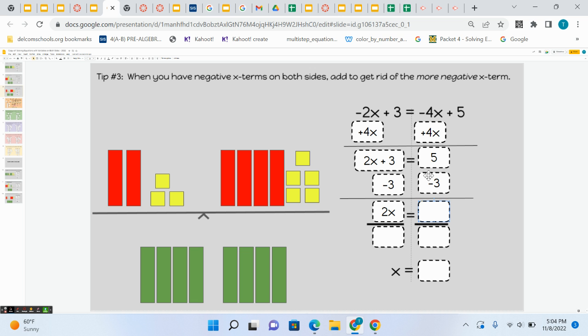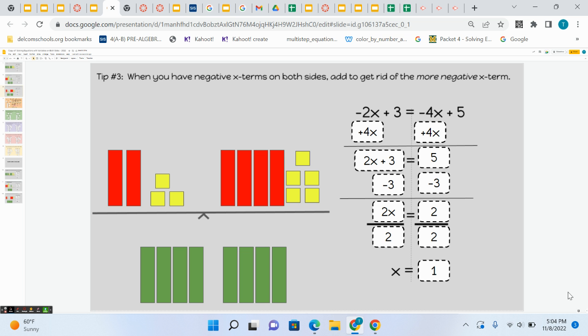See, you have 5 minus 3 there, which is 2. Last step, to get rid of a multiplied 2, because you want x completely alone, the inverse of multiply is divide. Divide both sides by 2. And now we have 2 divided by 2 is 1.